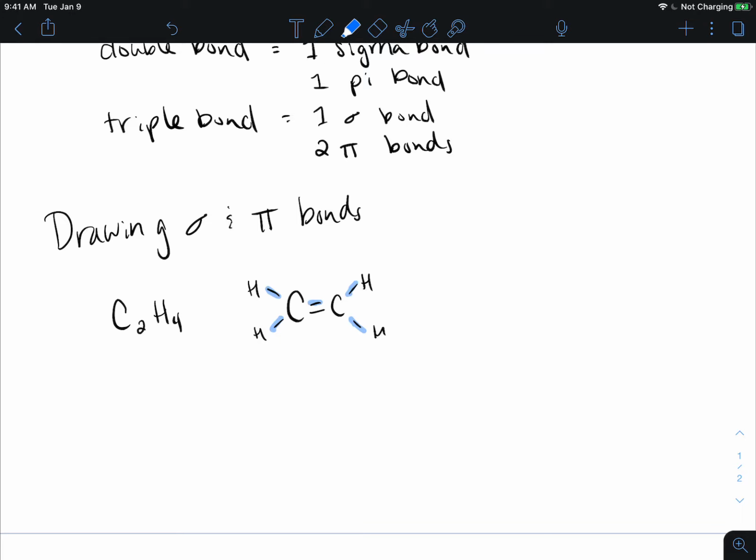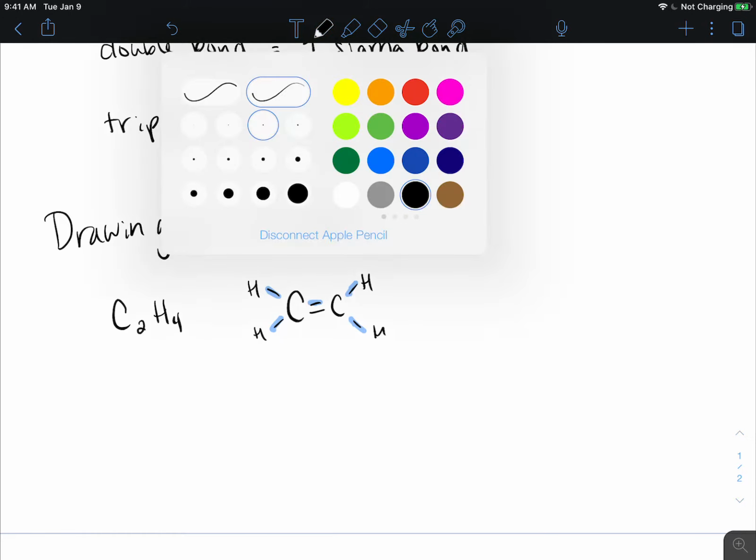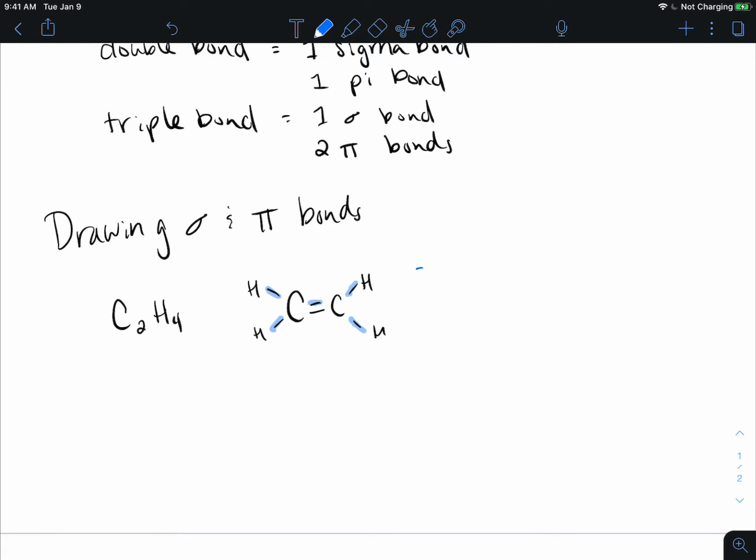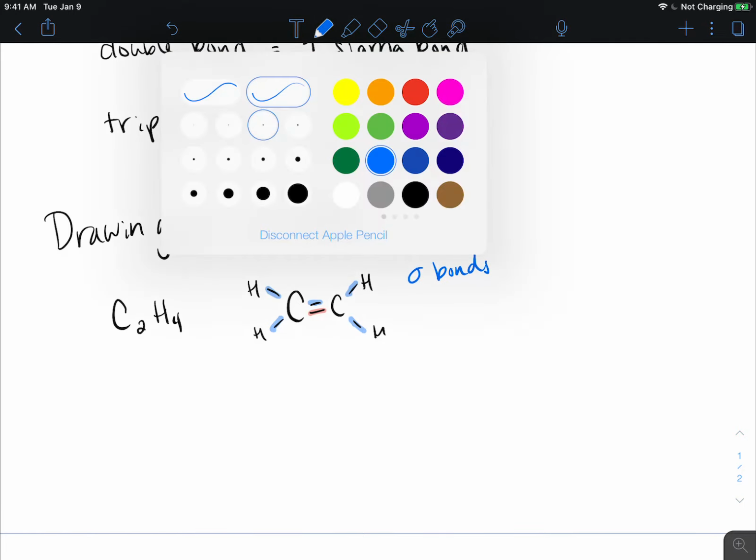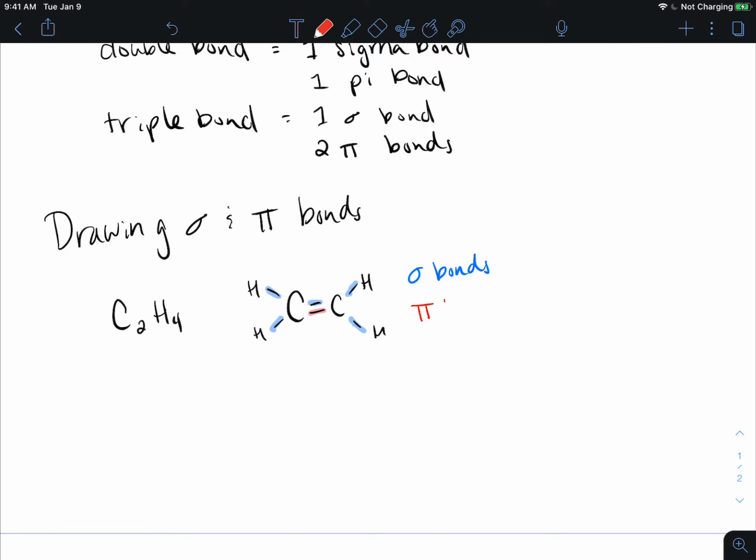Each of our double bonds has a sigma bond and a pi bond. So we have our sigma bonds in blue, and then our pi bond in red.